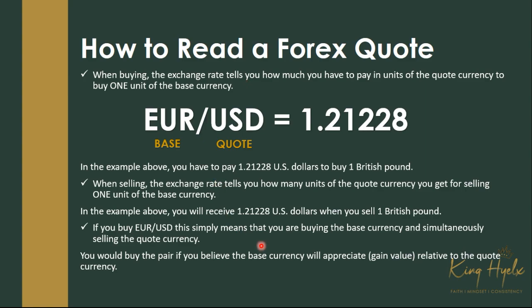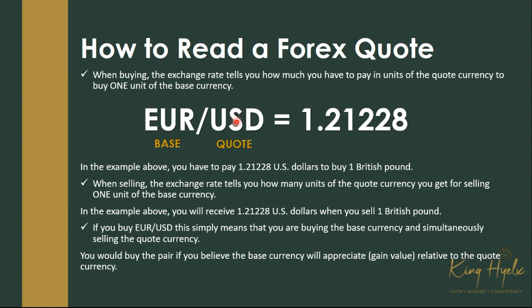You will buy the pair if you believe the base currency will appreciate, or gain value, relative to the quote currency, right? Because now what you're doing is that you are buying euro. That means you're going to keep your money in euro because you have a feeling that this exchange rate is going to go higher one day, and when you come to sell it, you get more of what? The currency that you're going to buy back into.